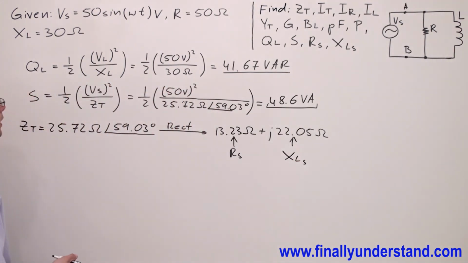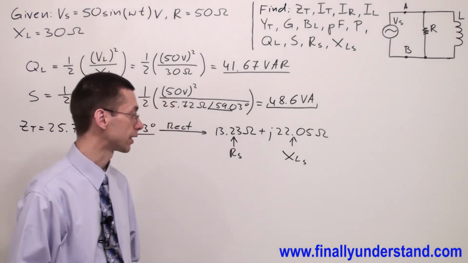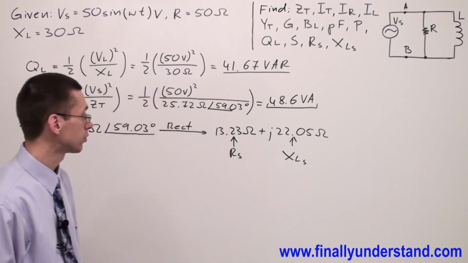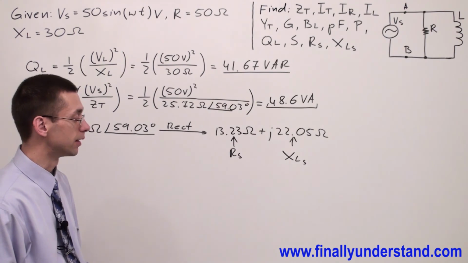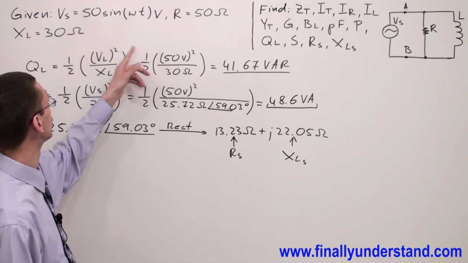Now I can draw the circuit. Someone is going to say, what about LS, the inductance in my series circuit? I cannot find the inductance because the frequency is not given.